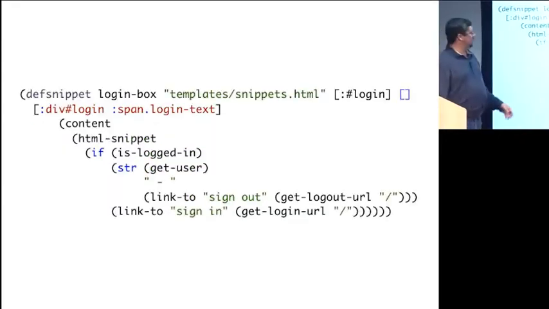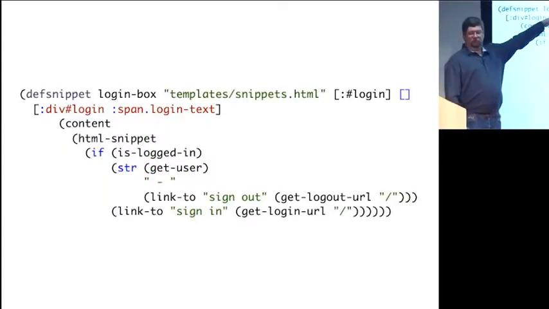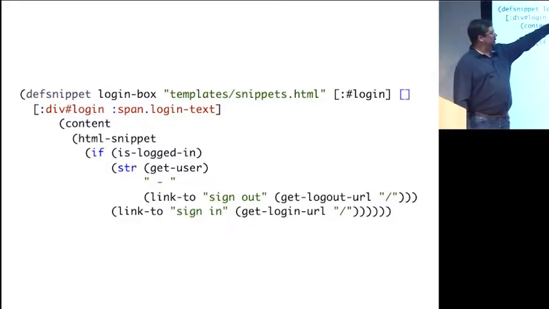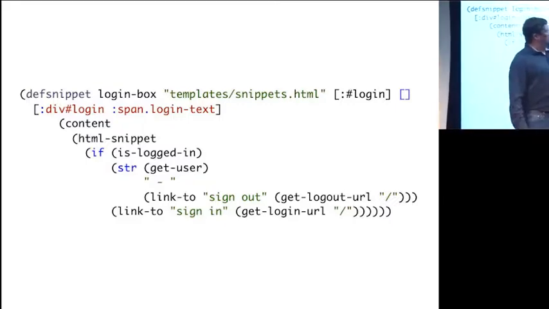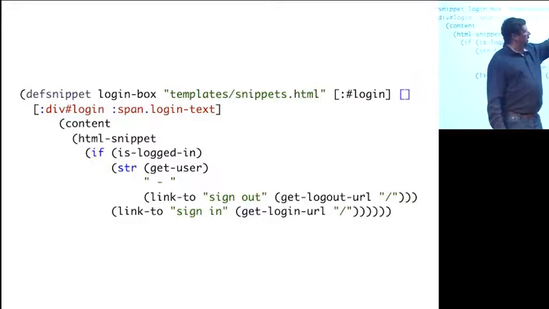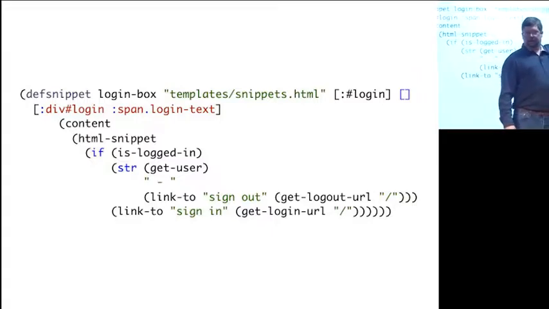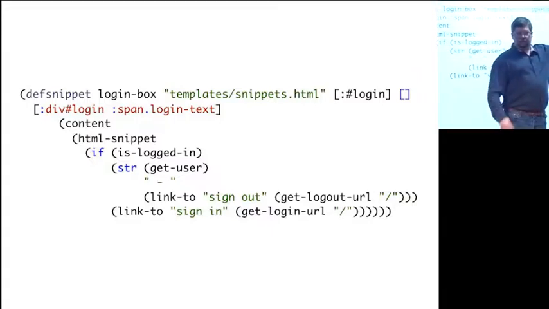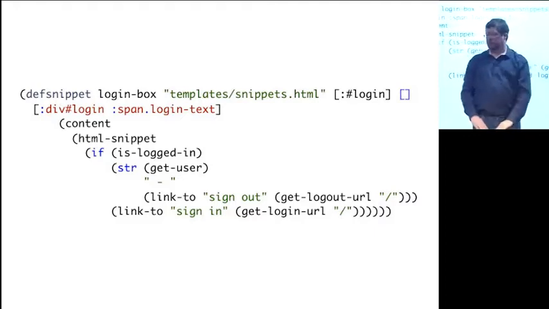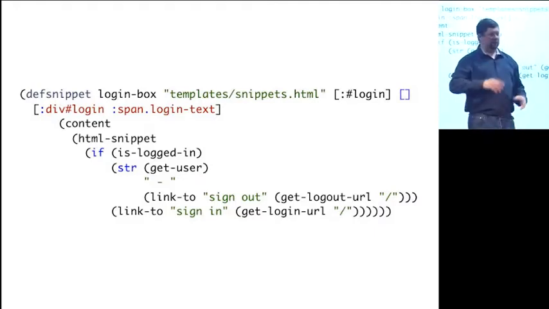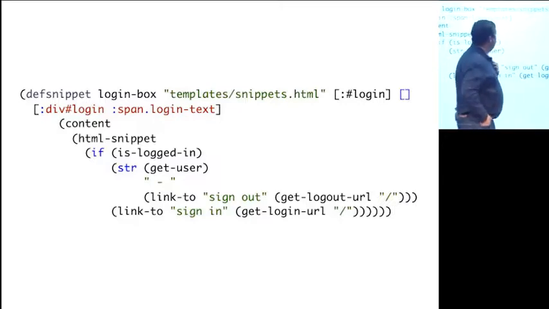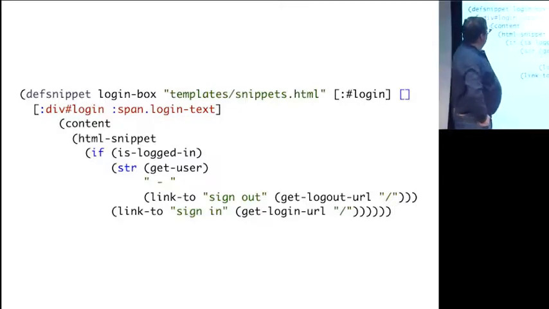And Enlive lets us define a snippet function, login box. This snippet will be found in that HTML file, and it will be found with the ID login. So you can have multiple snippets all there in the same file. So you don't have multiple little tiny files for 2 or 3 line snippets of HTML. It takes no parameters.